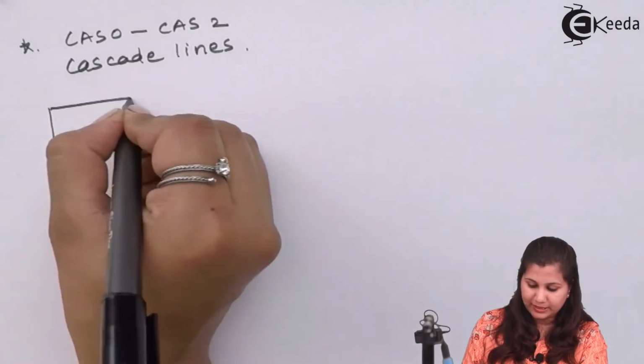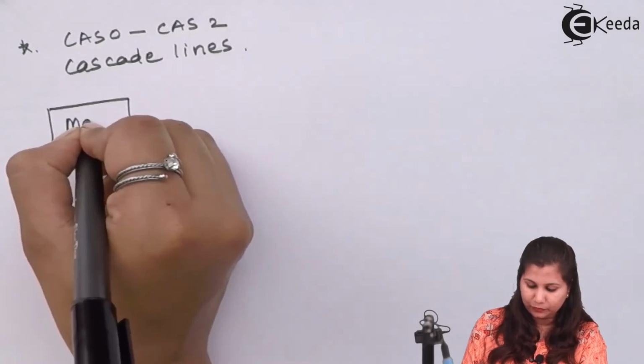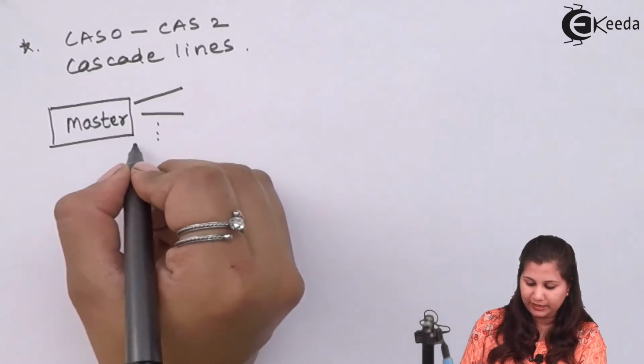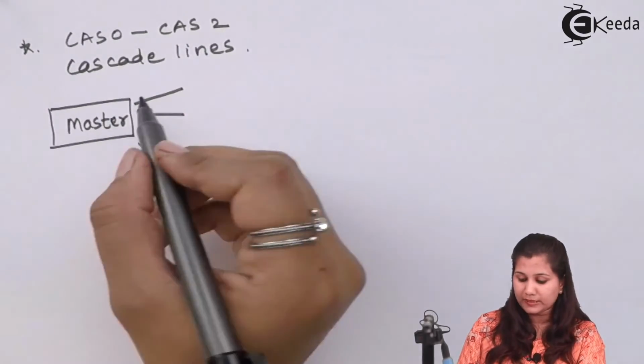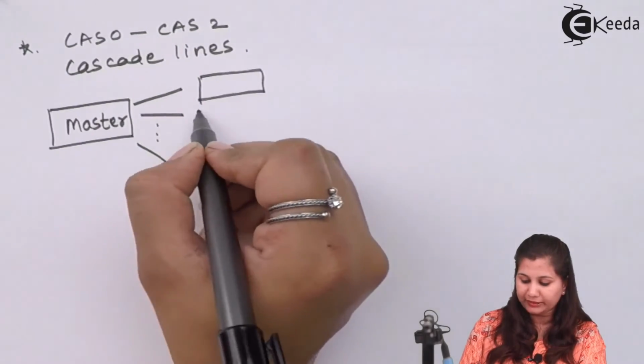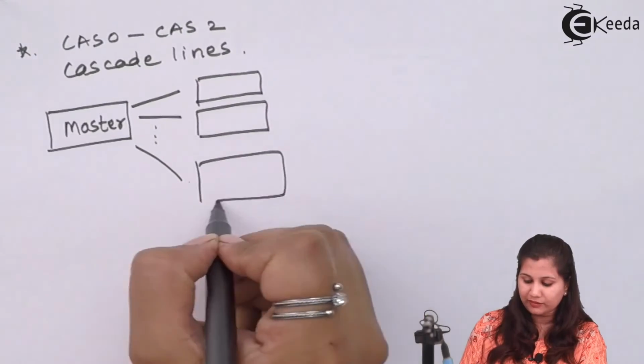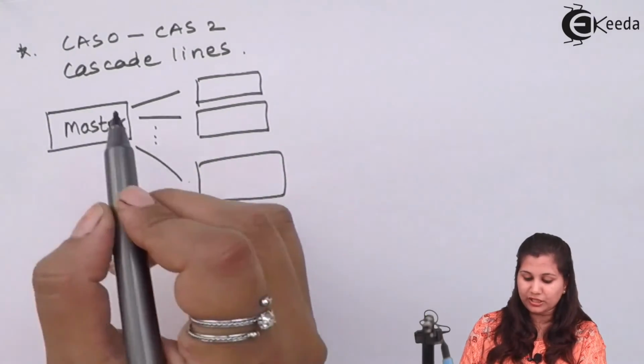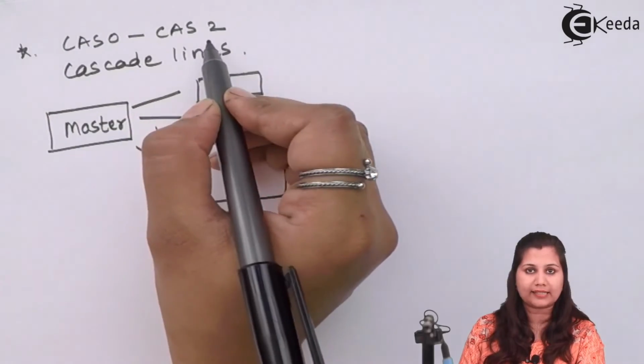Suppose we have a master IC, and to this master 8 slaves are connected. Now how is this master going to identify which slave it is connected to? This identification is done by using the cascade lines.